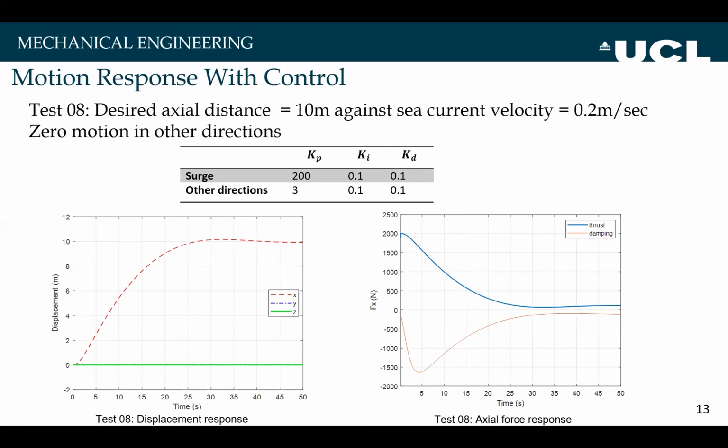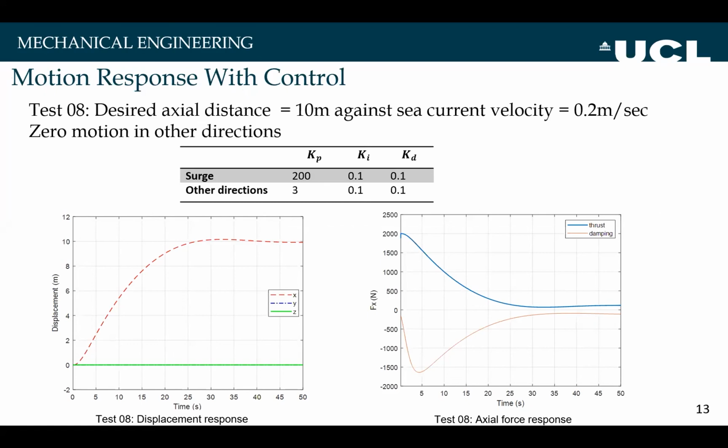But then the motion response was looked into with the control implementation. So in test 8, the desired axial distance was kept 10 meters, and the sea current was applied at 0.2 meter per second. And it was desired that no motion should be there in other directions.